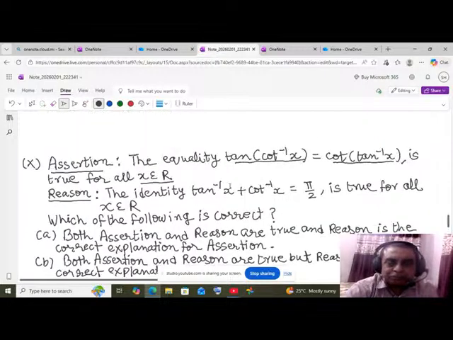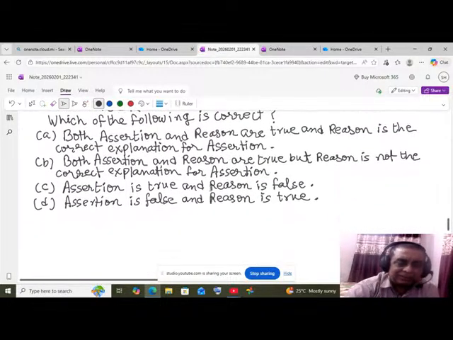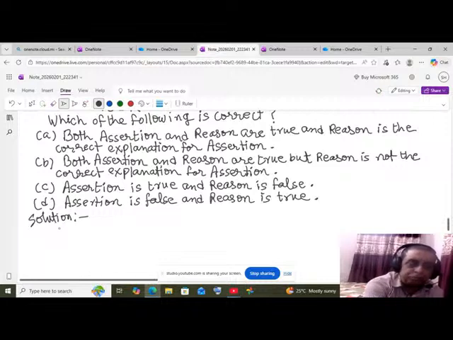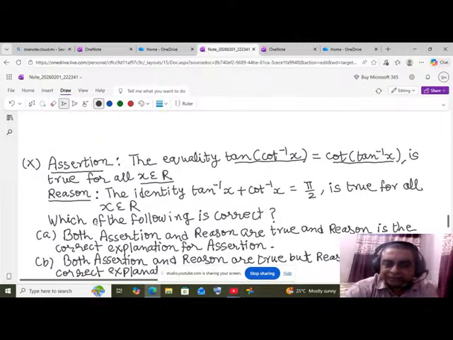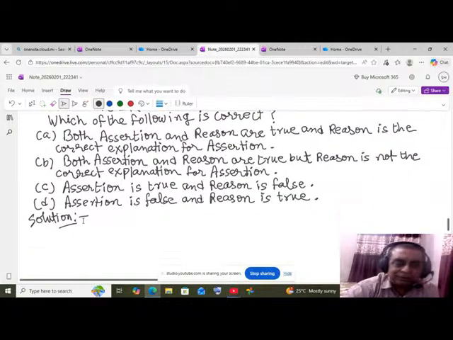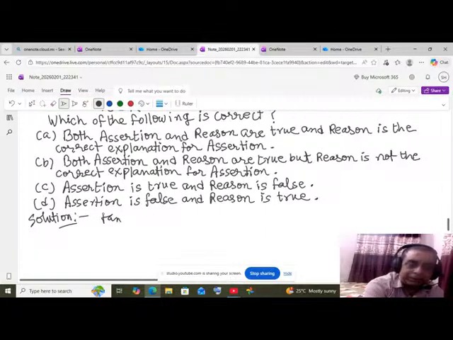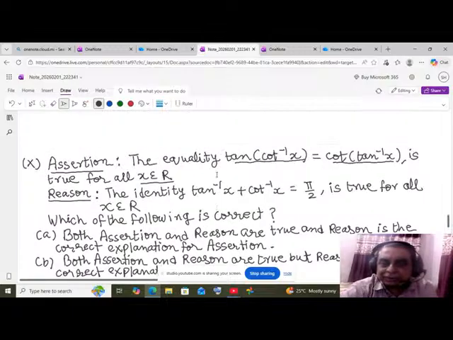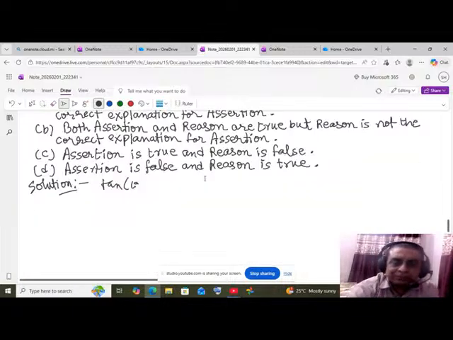Please follow here. Let us check the assertion first. It says it is true for all values of x. Now see, the tan of cot inverse x, what we are given in the question.